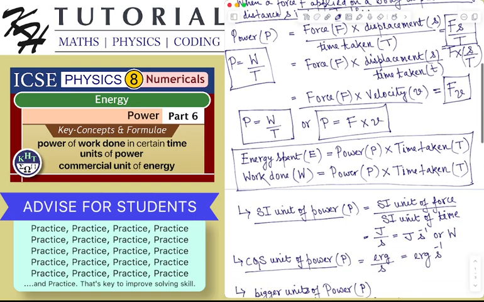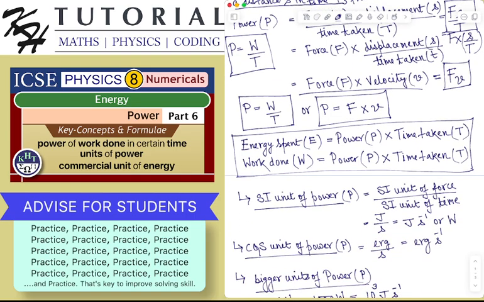Now let's see quickly what can be the unit of power. Basically, power is work done by time. The unit of work done or energy is the same, it is joule. I have written SI unit of force divided by SI unit of time.